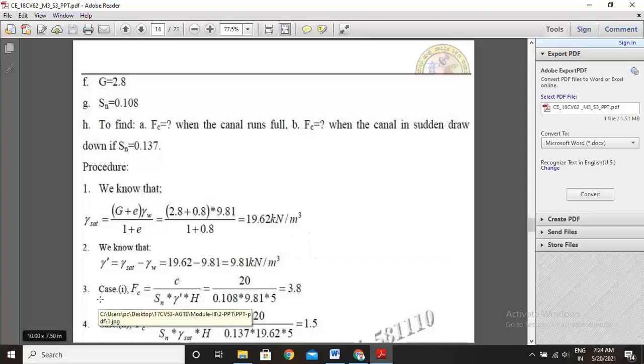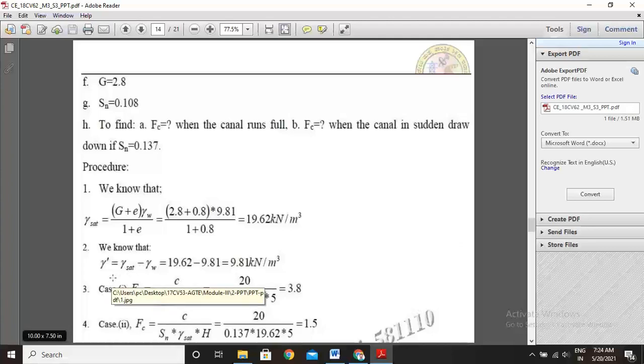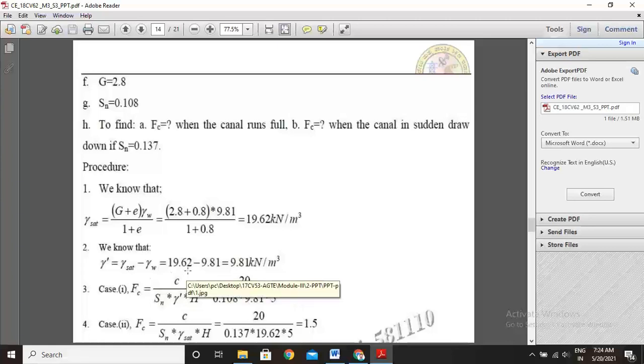So then we know that submerged unit weight equals gamma saturated minus gamma w. So now substitute here. Gamma saturated is 19.62 minus gamma w, that is unit weight of water, is 9.81. So we are getting 9.81 kilonewton per cubic meter. So this is the density calculated.